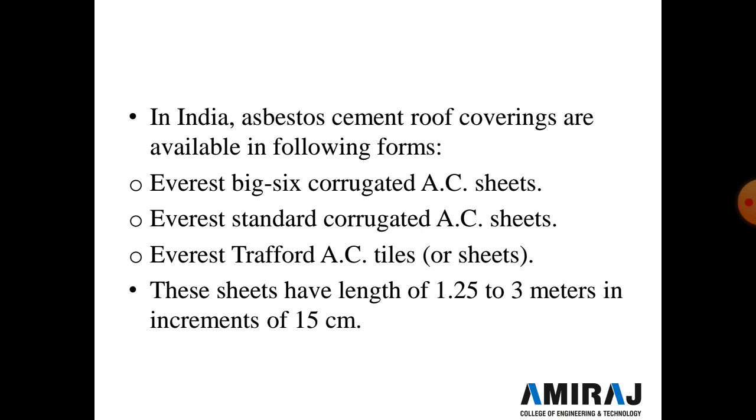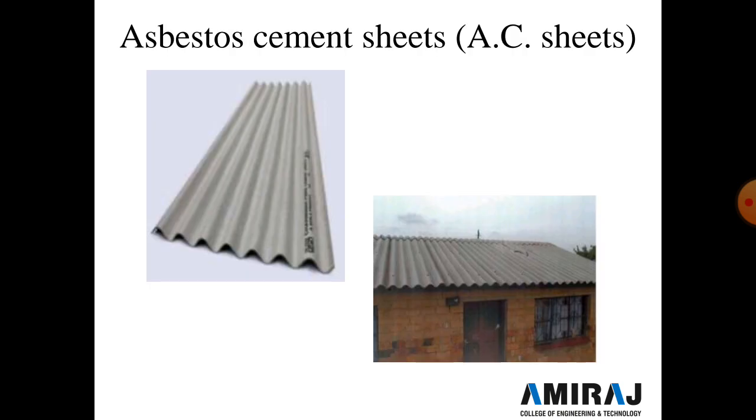So in India, asbestos cement roof coverings are available in the following forms: Everest Big 6 corrugated AC sheet, Everest standard corrugated AC sheets, and Everest Trafford AC tiles. These sheets have a length of 1.25 to 3 meters, in increments of 15 centimeters.